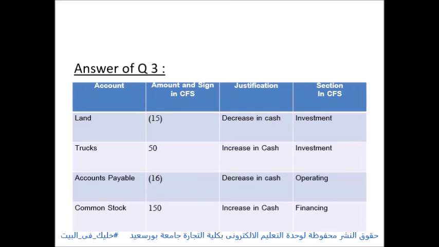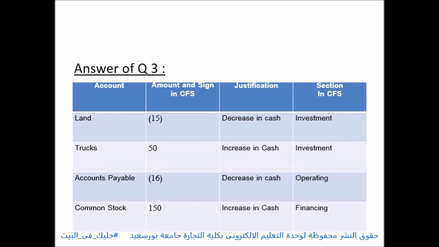Land, there is a decrease in cash. That means we have bought a land investment for 15,000. For the trucks, there is an increase in cash, that we have sold trucks for 50,000, representing increase in cash.